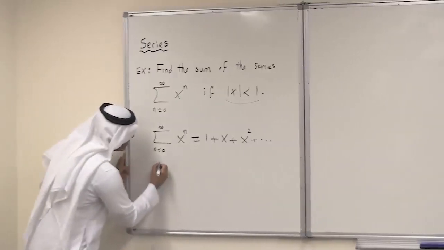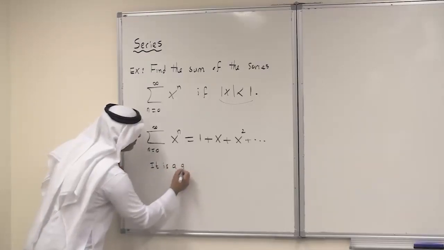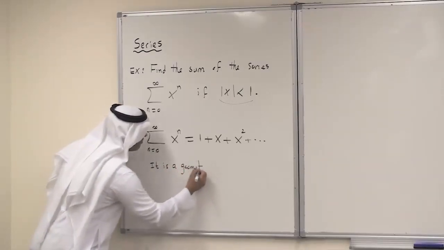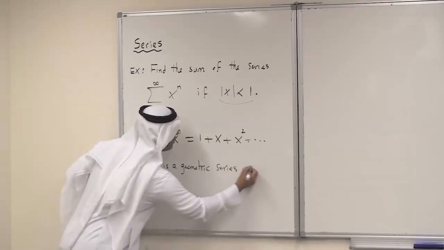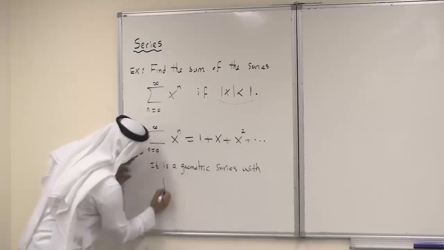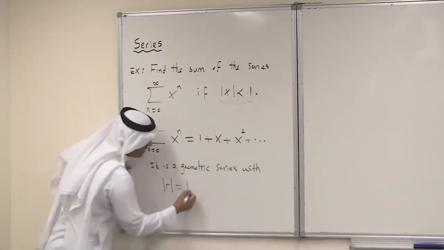It is a geometric series with the following: the absolute value of r is equal to, in this case, r is equal to x, so it is the absolute value of x.